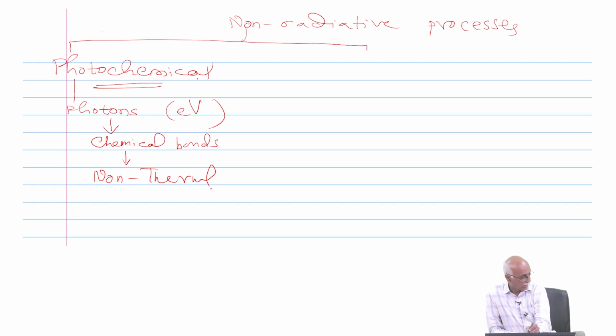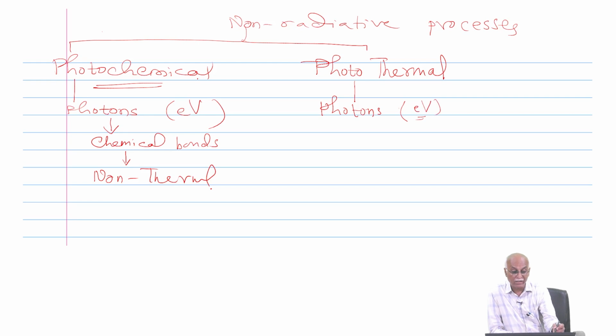And the next one is the photothermal process. In the photothermal process, photons with some energy may not be so high as to generate photochemical activity. The energy of the photon may be low, but the intensity, the number of photons, is large enough to produce a thermal effect.